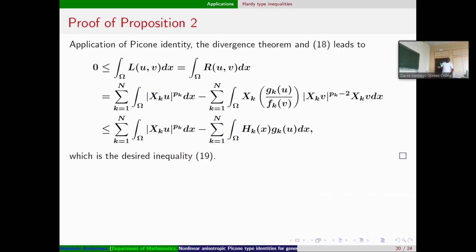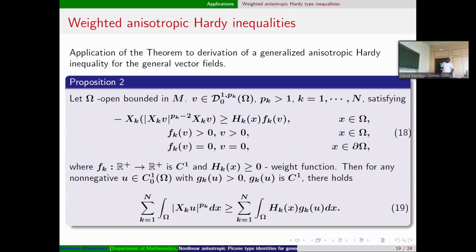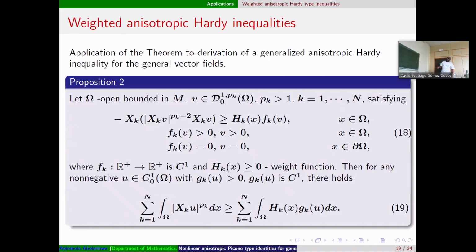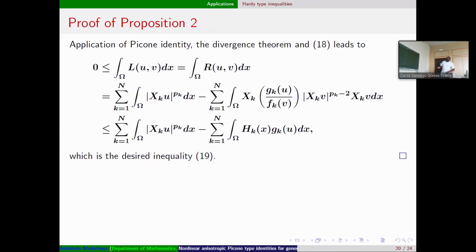Do a kind of integration by parts, and substitute what you have here. So you have this, and this is what we want, because 0 is less than or equal to this quantity here. Then we prove this.